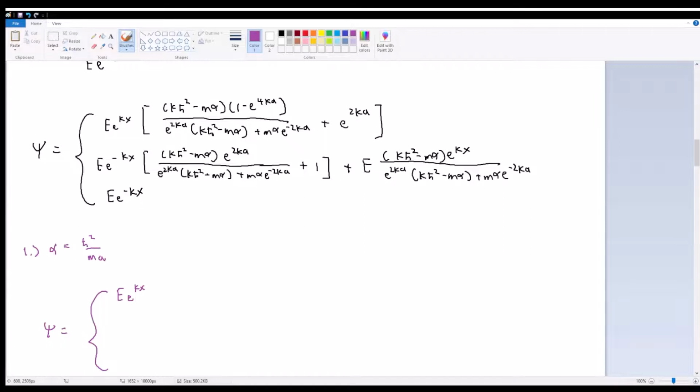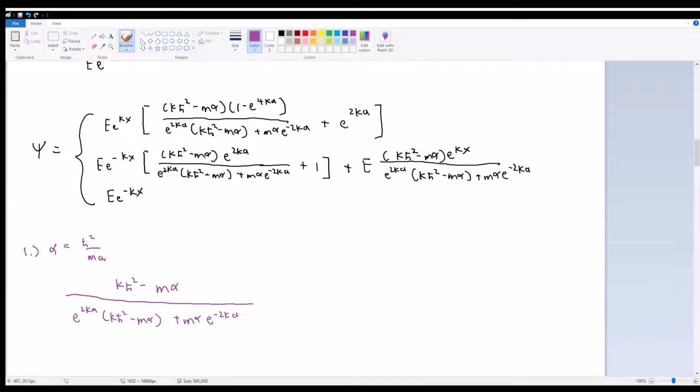Before I do anything, it might be better to take this factor: e to the 2ka times (kh bar squared minus m alpha) plus m alpha e to the negative 2ka, all divided by kh bar squared minus m alpha.